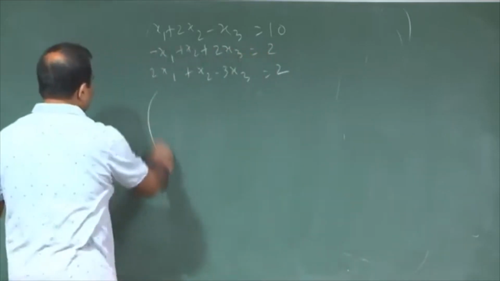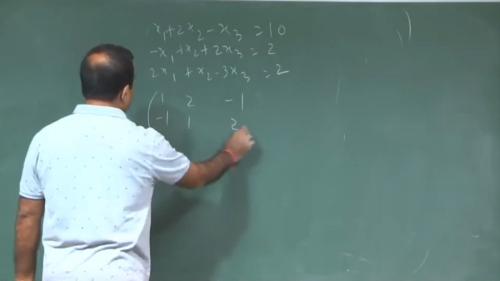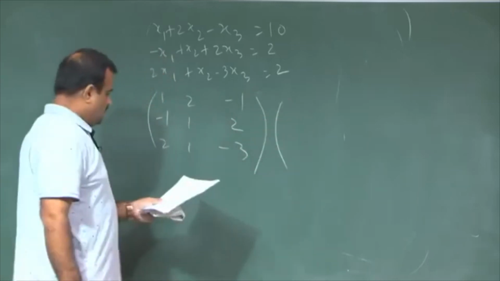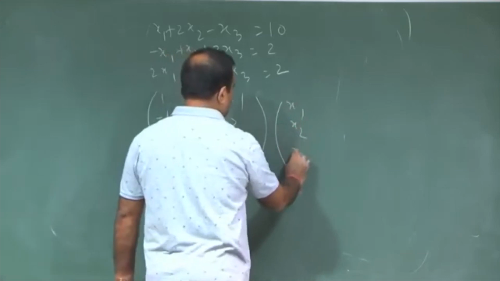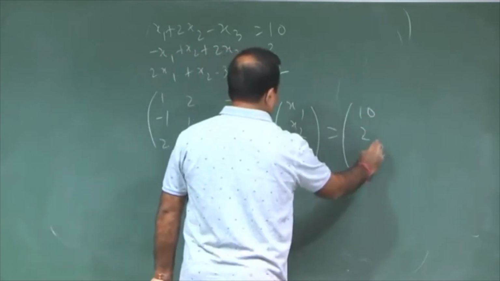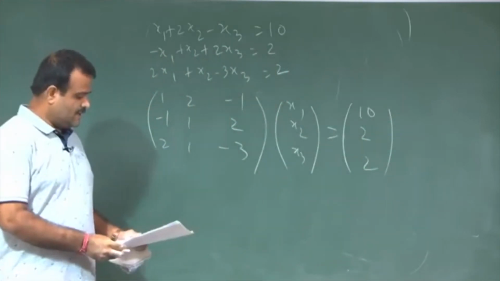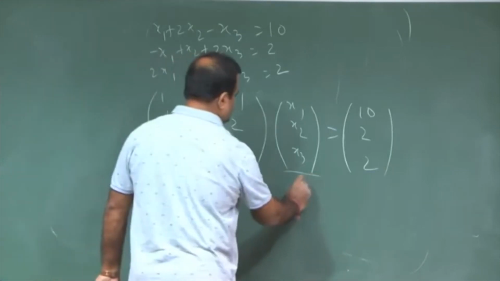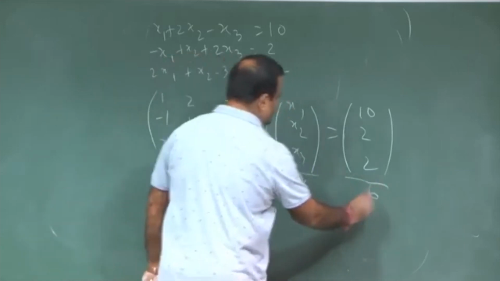So, this we can write in matrix form: 1, 2, minus 1; minus 1, 1, 2; 2, 1, minus 3, times x1, x2, x3, equal to b, which is 10, 2, 2 like this. So, now this is our A matrix, this is our x variable vector and this is our b.